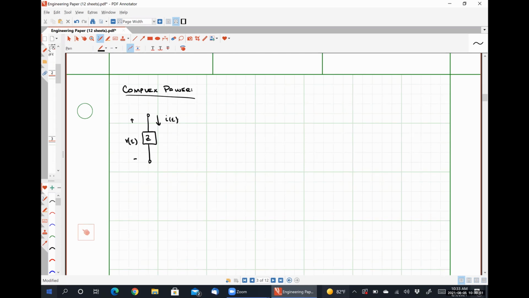Let's say that v of t explicitly is Vm cosine of omega t plus theta v volts. i of t was Im cosine of omega t plus theta i amps. We found that the average power delivered to this generic impedance was 1/2 Vm Im cosine of theta v minus theta i.